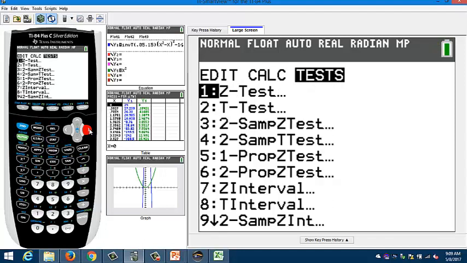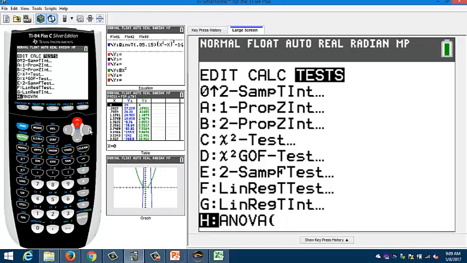If you go to tests, it's funny, we've done a lot of these tests this year. This one is so far down the list that you can get there more quickly if you go up. So I'm going to hit the up arrow, and now I'm almost at the end of the list. Well, ANOVA is the end. There it is. Linear regression t-interval. Nope. Linear regression t-test. That's what I'm going to use.